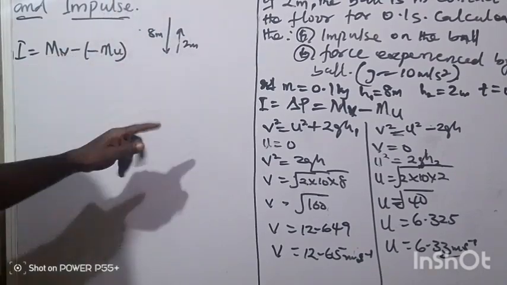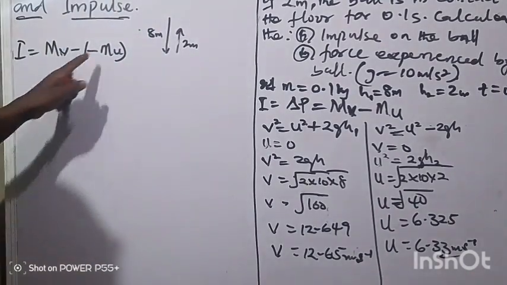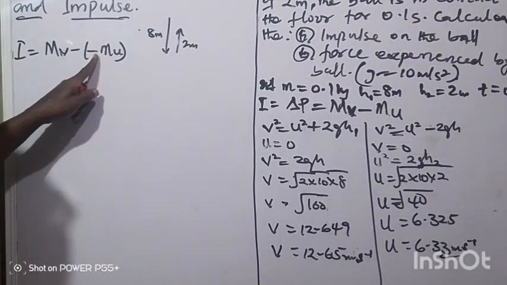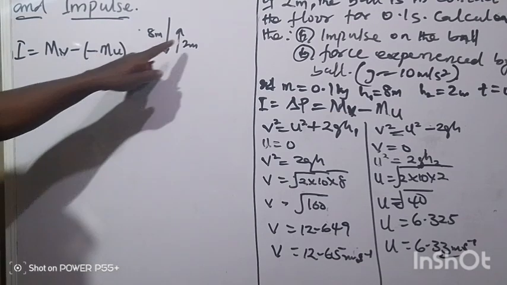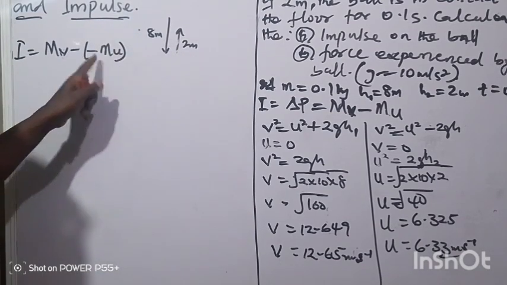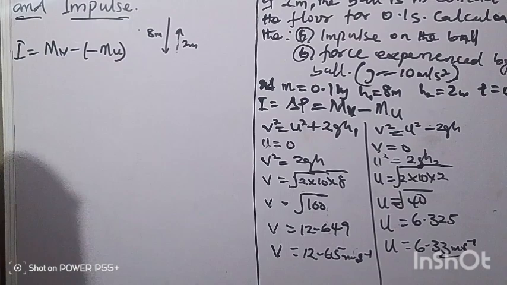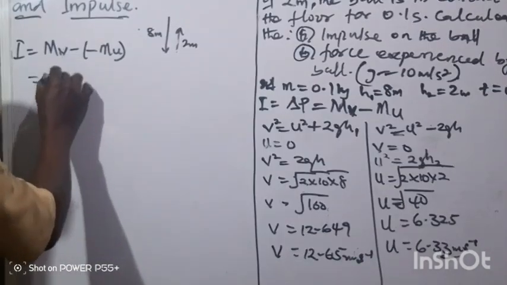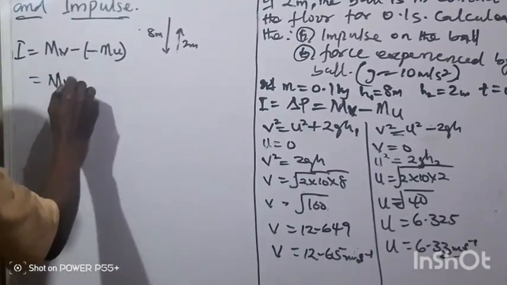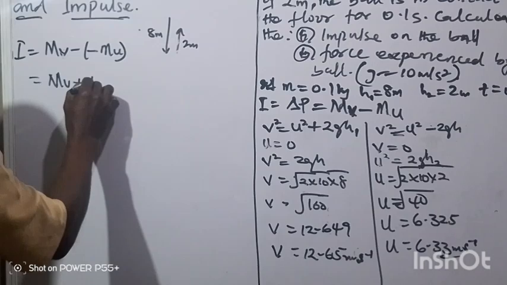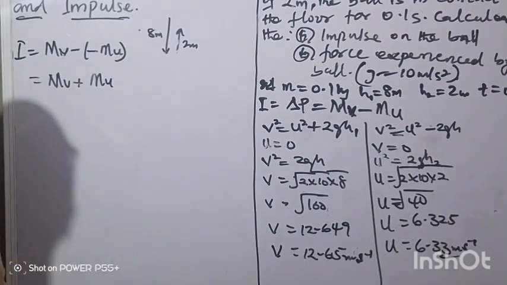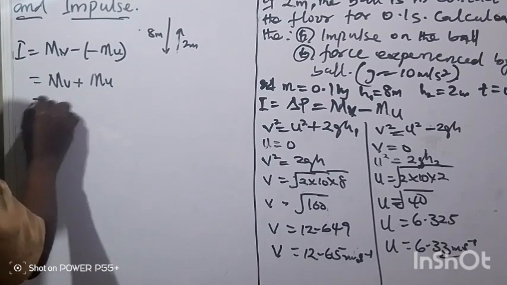That is why the minus, according to the law of vectors, the direction will affect this one. That is why it changes to minus. So you can now say that mv minus times minus will give us plus, that's plus mu. So from there we can say that m is the same. That is v plus u.